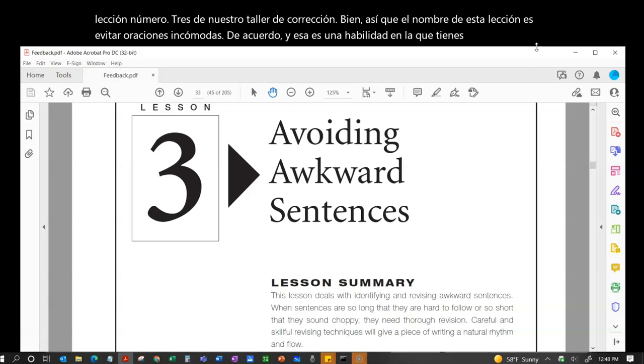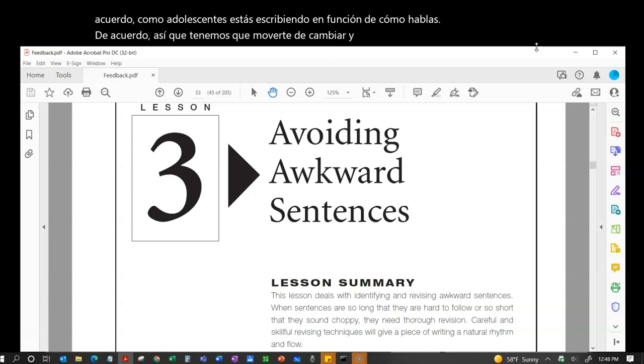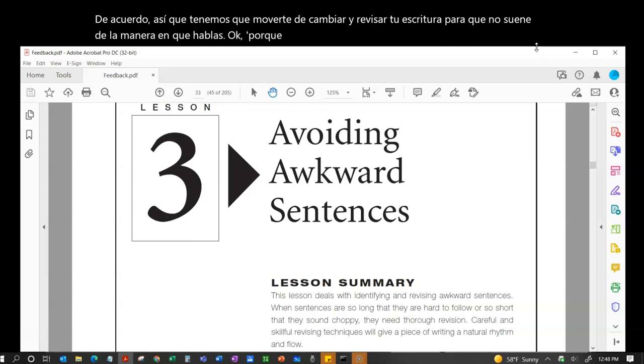As teenagers, you are writing based upon how you speak, okay? So we have to move you from changing and revising your writing so that it does not sound the way you speak, okay? Because if you read, a lot of times reading is much more formal than it is speaking, okay?